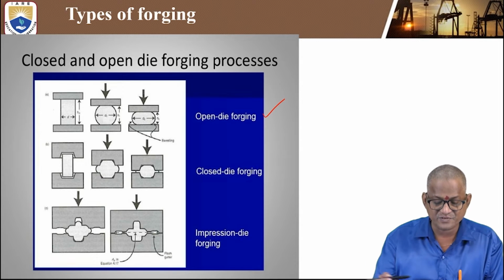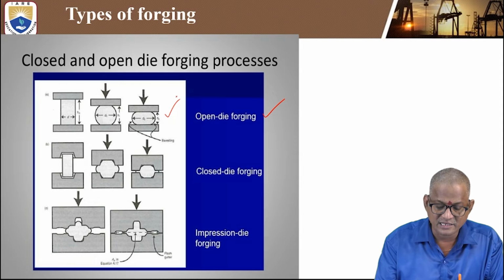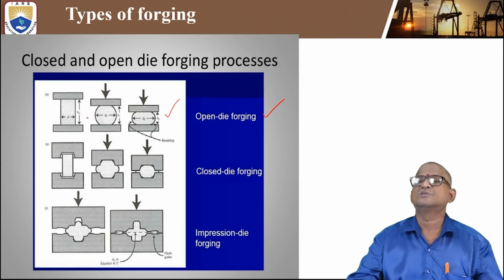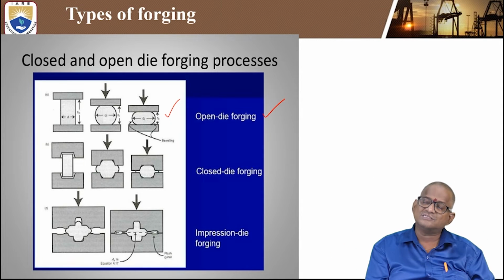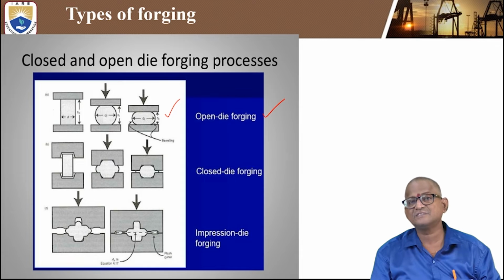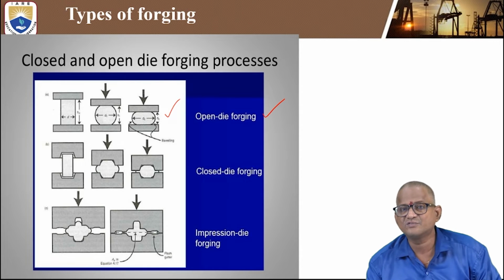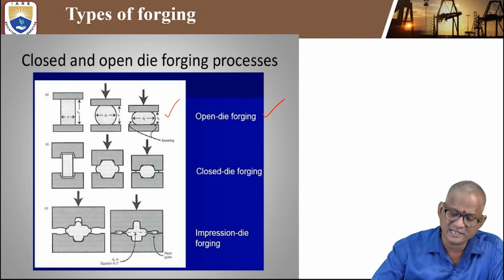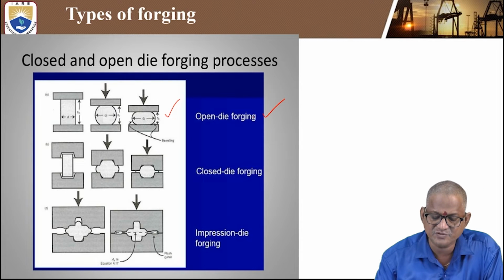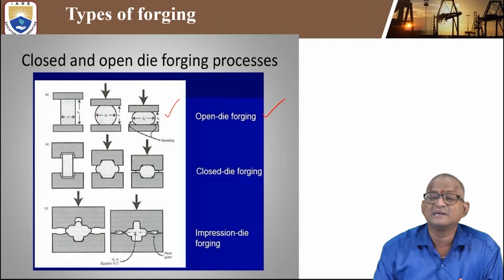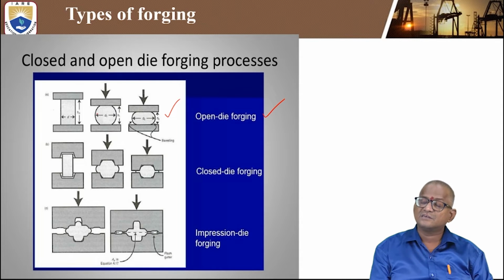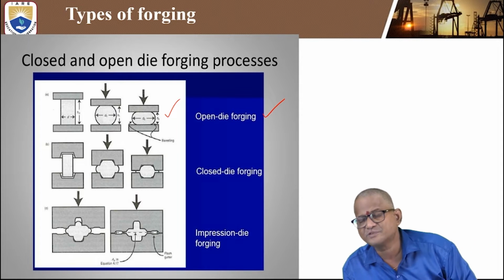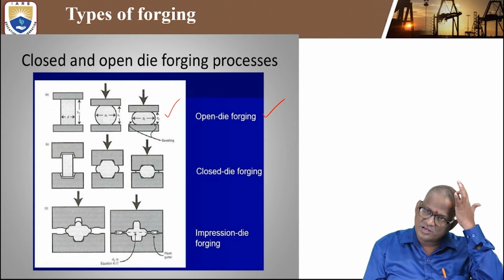The first figure shows clearly how the shape and size can be changed with the open die forging process. The first diagram shows open die forging, where the workpiece is kept between the dies and shaped by applying pressure only.